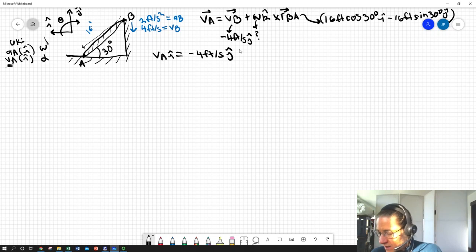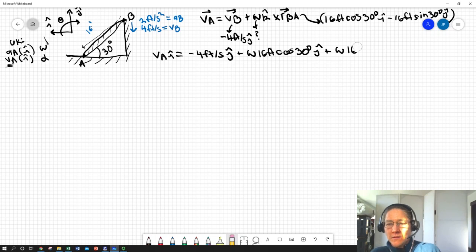So there's V sub B plus omega. I end up with 16 feet cosine 30 degrees, and then I'm going to have k hat cross i hat, which gives me j hat, plus omega times negative 16 feet sine 30 degrees times negative i hat.